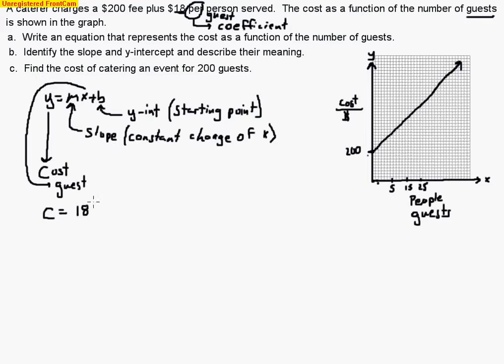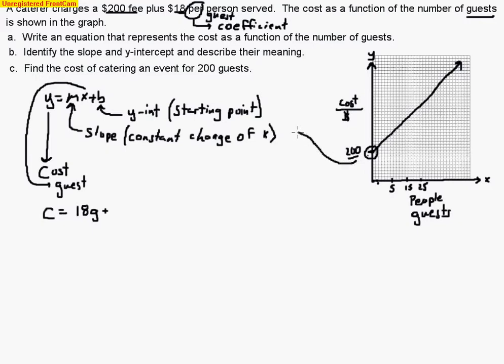So it's our coefficient of the variable. So 18, and then I'm going to use g for guests. And then we have plus our constant. What's our constant? What we start with. This is it right here. This is the starting point. It starts at 200. Notice that the line begins right here. 200. That's where it starts.